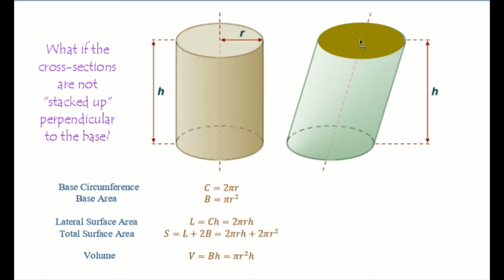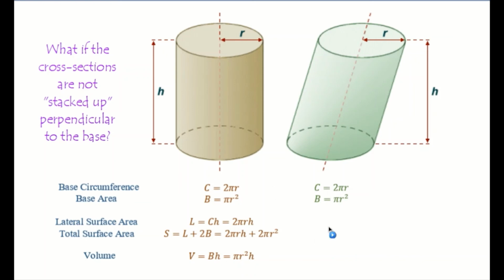So this oblique cylinder is going to have the same area no matter where the cross section is. If you look in the middle, it's the same as the top. If you look at the bottom, it's the same as the top, right? The bottom base, the top base, and everywhere in between has the same cross-sectional area. And so for this, the circumference and the base area are the same as they would be for this one.